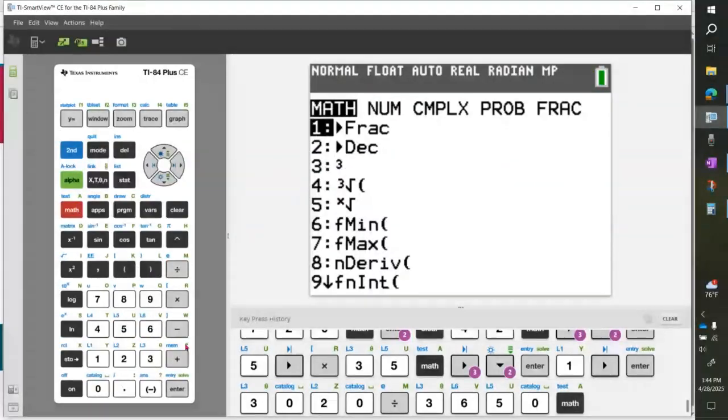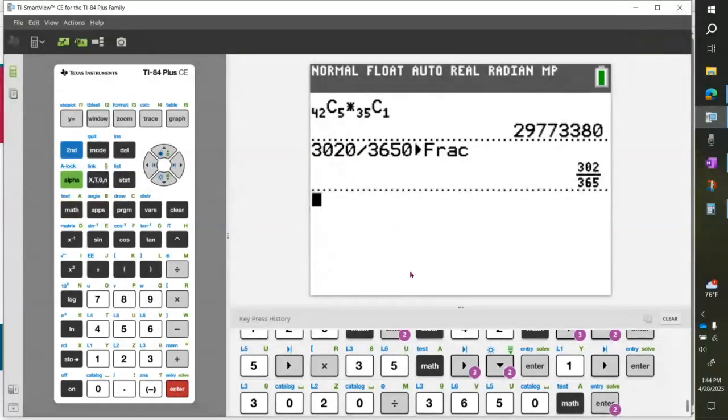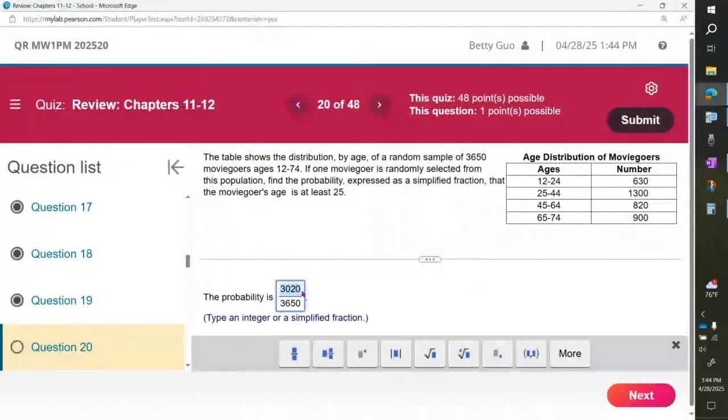And then go to math, fraction. Oh, okay, just to get rid of a factor 10, because both top and bottom are divisible by 10. Okay, very good. The simplified fraction, just the note doesn't have that 0. Divided by 10 here is 302 over 365.